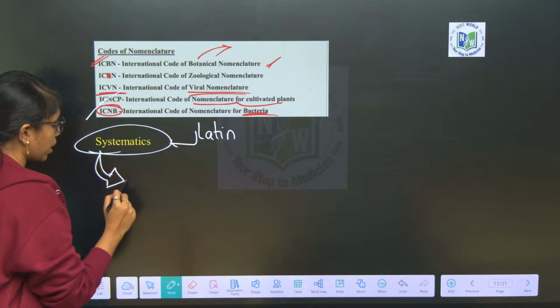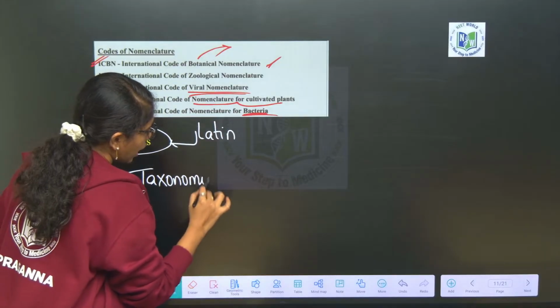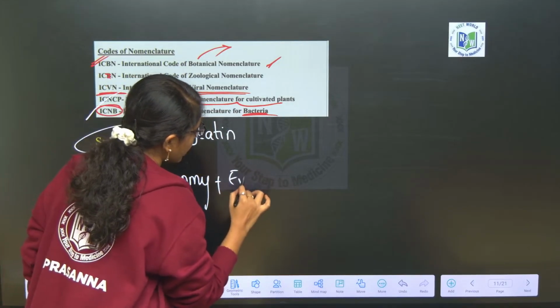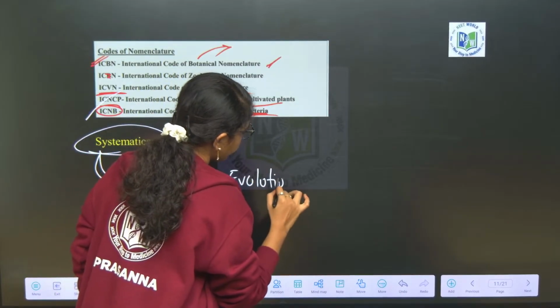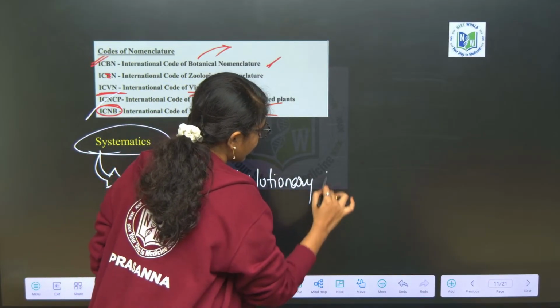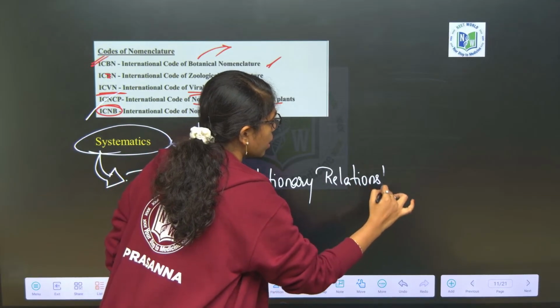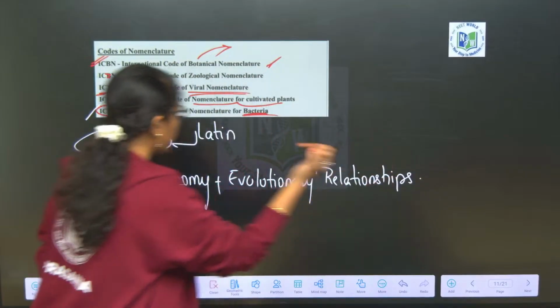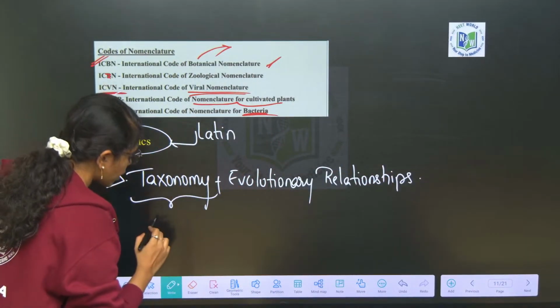Systematics is nothing but taxonomy along with evolutionary relationships considered. Taxonomy includes 4 components, as I told you.